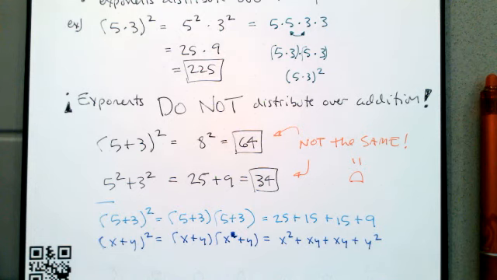Can everybody picture what the next quiz is going to look like? It's going to have a bunch of exponents and multiplication all mixed up. And then sometimes you're going to be able to distribute the exponents, and sometimes you're not. That's going to be your next quiz, so take a look at that one over the weekend.